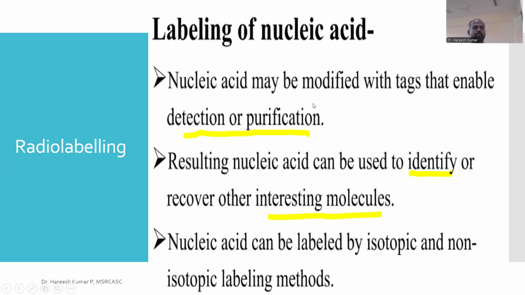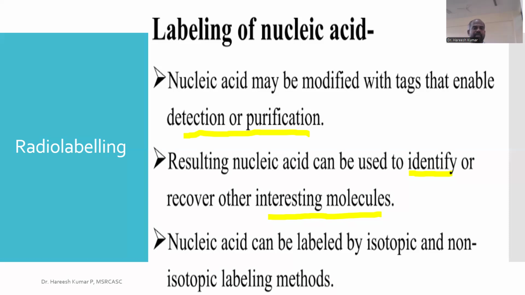Labeling of nucleic acid. You know that a nucleotide contains phosphoric acid, whereas a nucleoside is without phosphoric acid. So if we are labeling with the phosphoric acid, then we can trace the nucleic acid, the DNA molecule, in the living system.